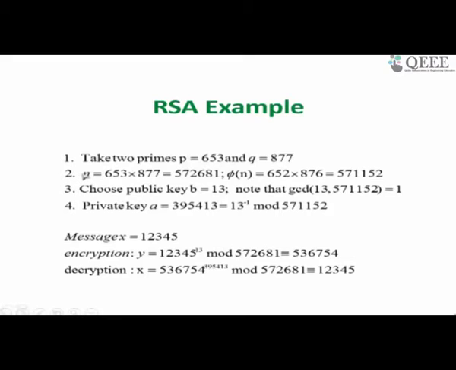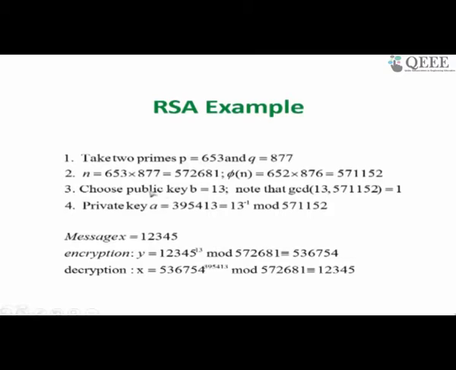And he would find the product of these two primes, that is n equal to 653 into 877, that is 572,681, and phi of n is p minus 1 into q minus 1, that is 652 into 876, that is 571,152.